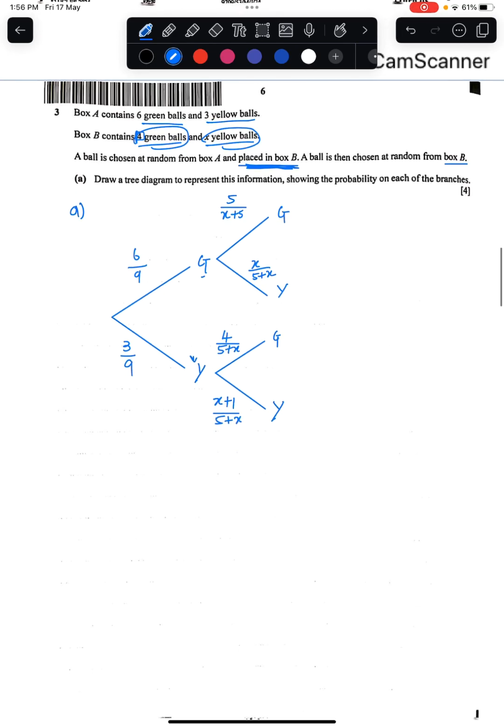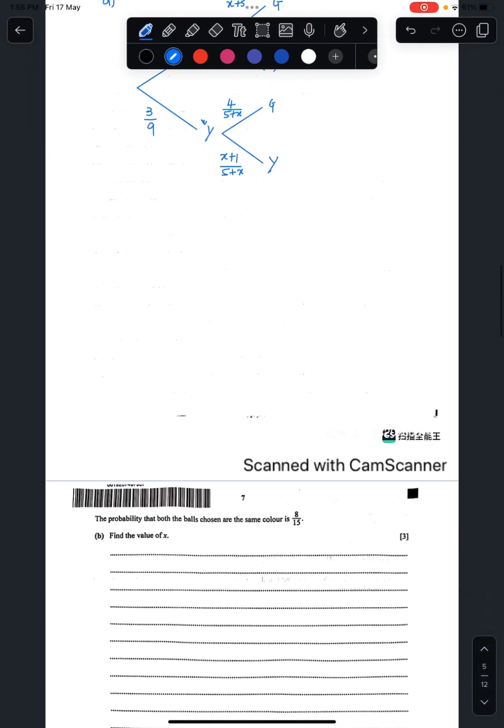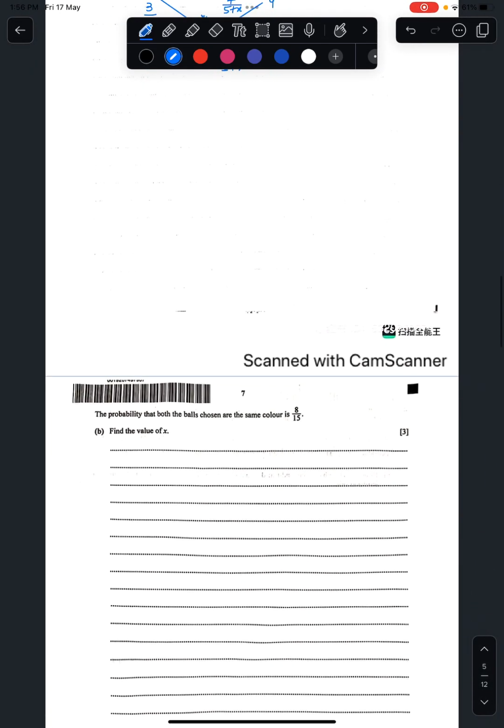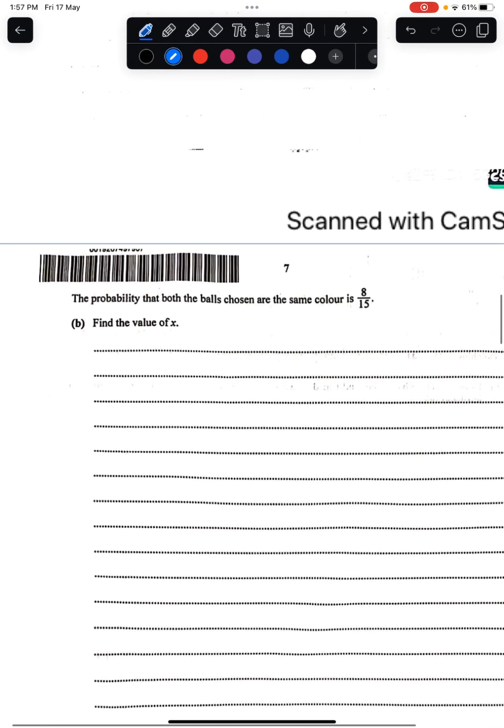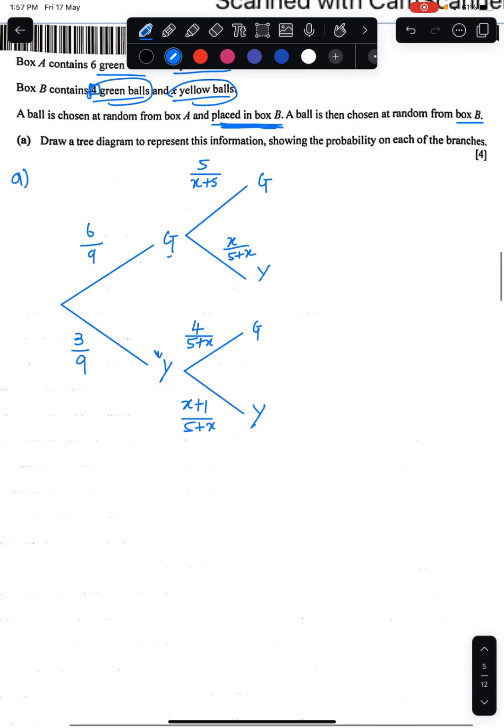So your tree diagram should look like this. Okay, now part B is not that hard, very simple. The probability of both balls chosen being the same color equals either green or yellow.